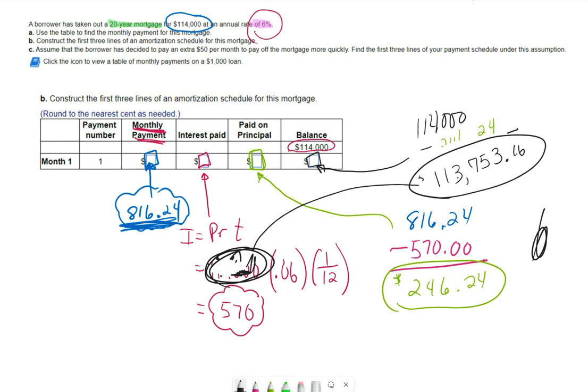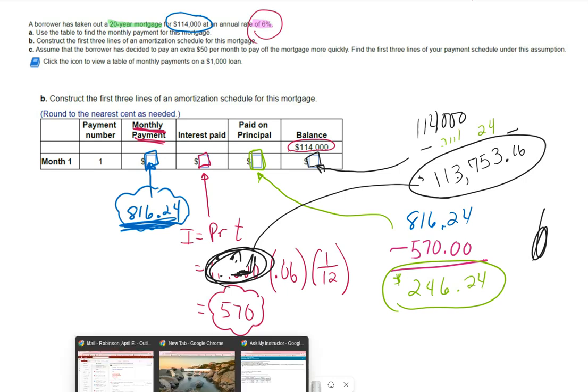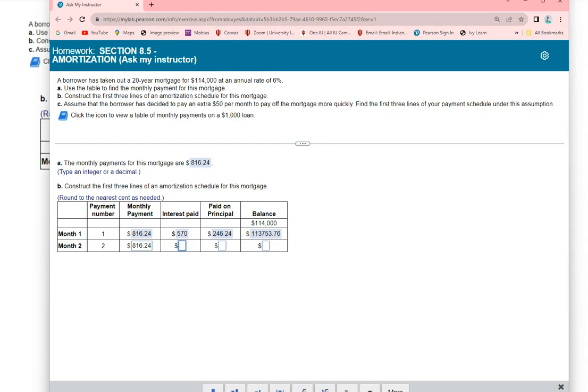Okay. And now I'm going to have to round this one off. This one is 568.77. And then to get this box, you subtract these two. Remember, you send in the check, that's your monthly payment, and the interest paid is how much they're going to take from this.